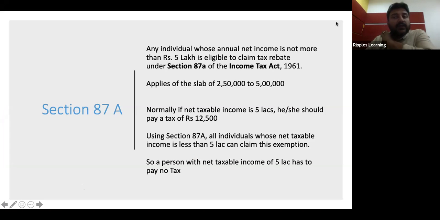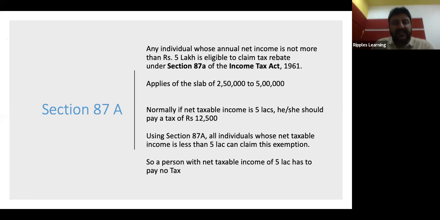87A is important because it's applicable on both the tax slabs, right? If you look at the old tax structure, it says 0 to 2.5 lakh, zero tax, which means you will not be paying any tax. 2.5 to 5 lakh, there is 5% tax. Now, this 5% you will not be paying if your net taxable income is 5 lakhs.